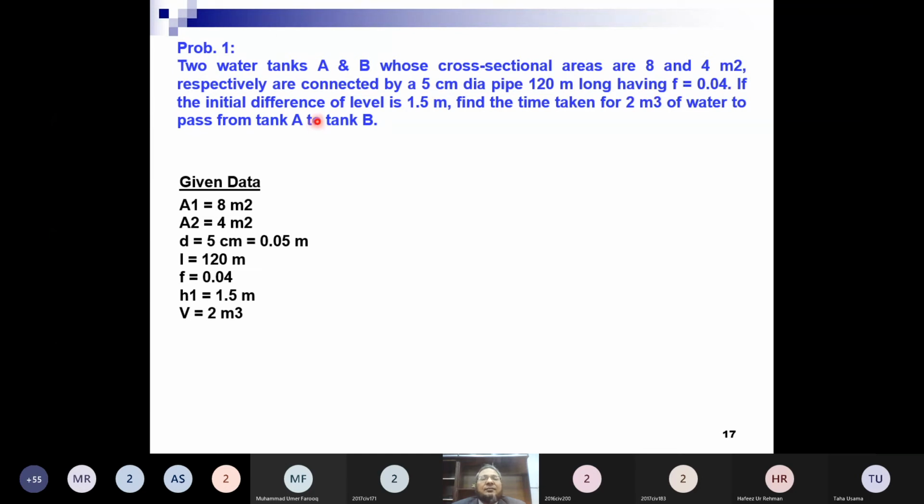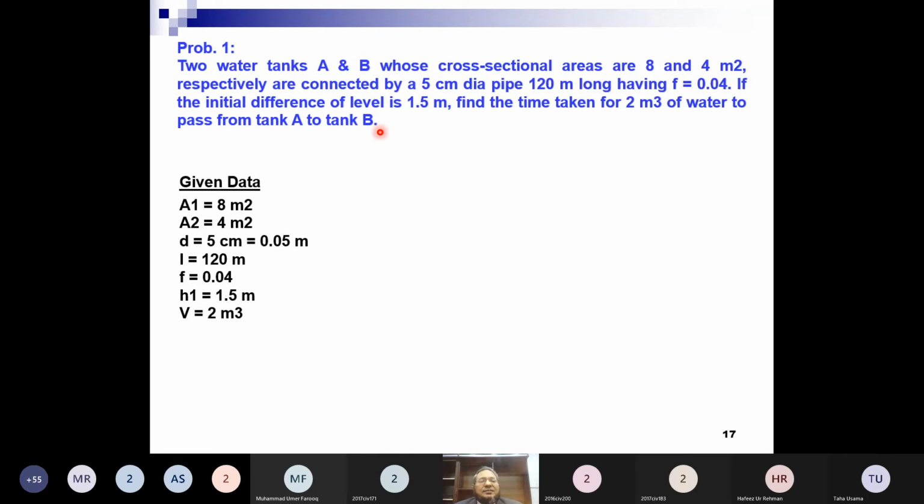If the initial difference of level is 1.5 meter, so H1 is 1.5 meter, find the time taken for 2 cubic meter of water to pass from tank A to tank B.